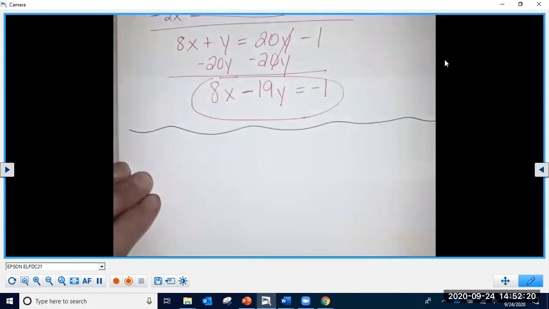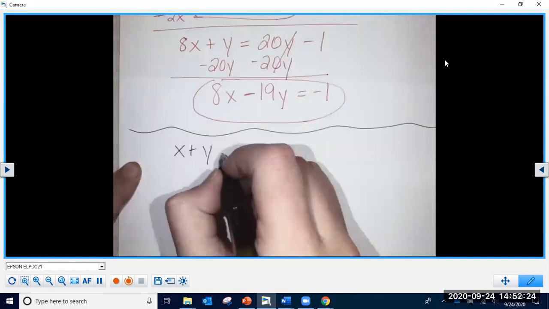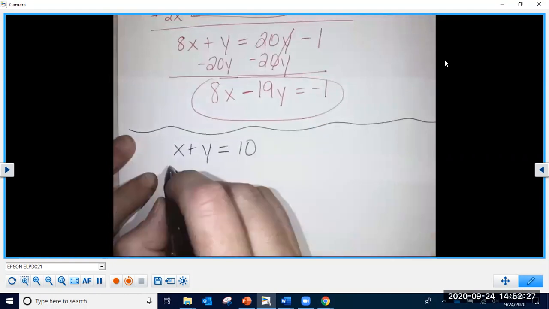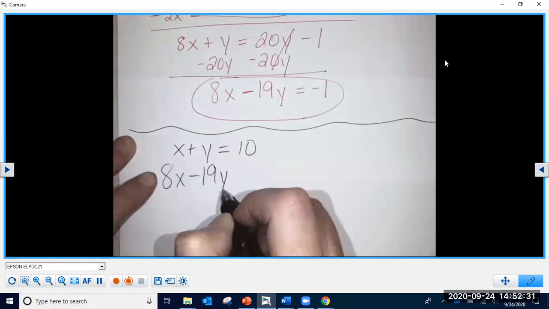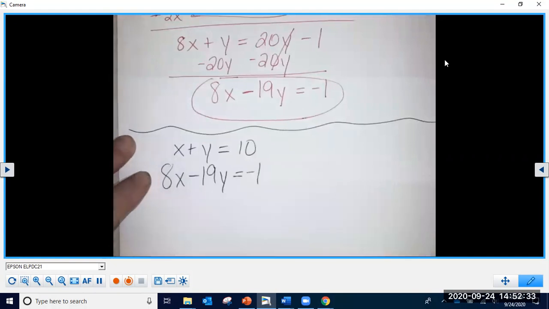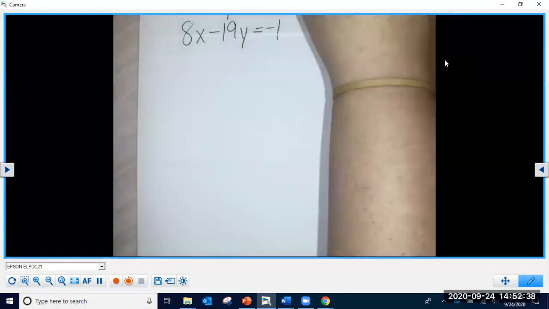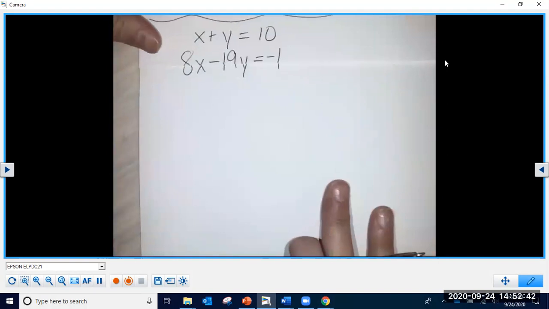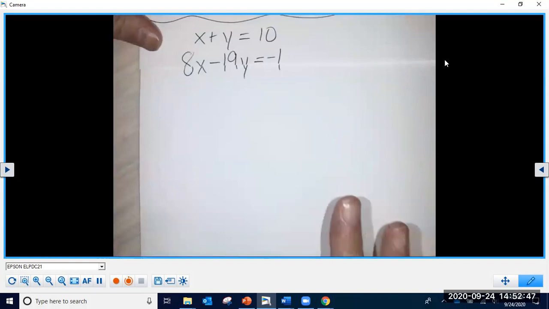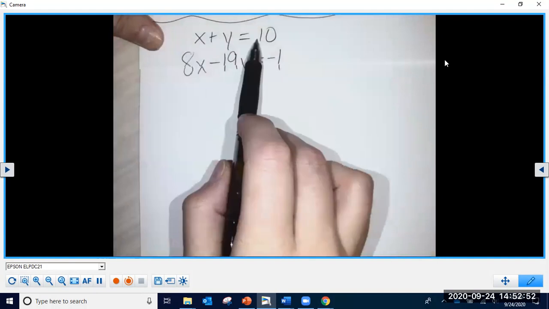So we are working with x plus y equals 10, and then your 8x minus 19y equals negative 1. Tell me what you can use to help you solve here. Notice that one of these can actually easily be solved for x or y.